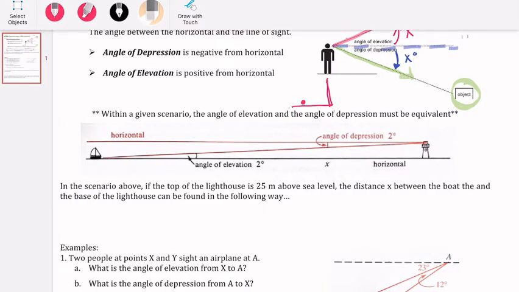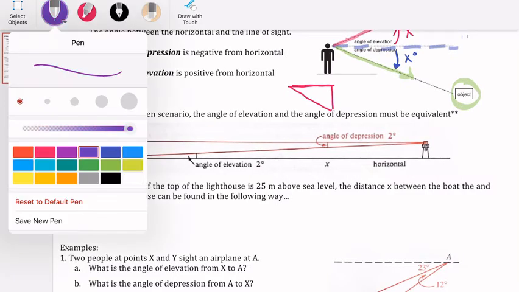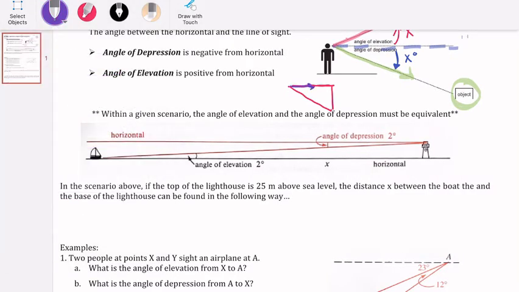Then, if you flipped that picture upside down, like this, you have a horizontal, and then you are looking downward. So here you would have an angle of depression. So that's how that ties into your right angles.